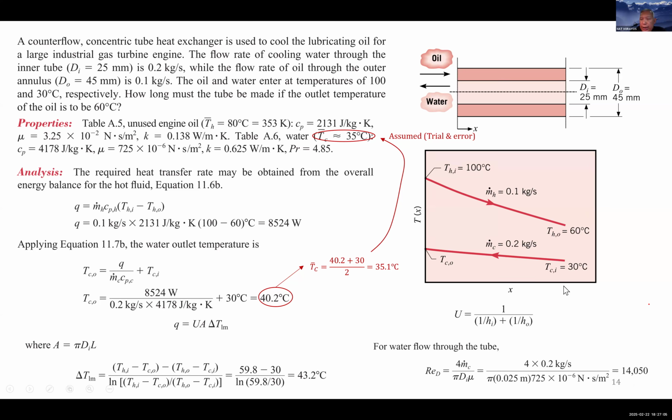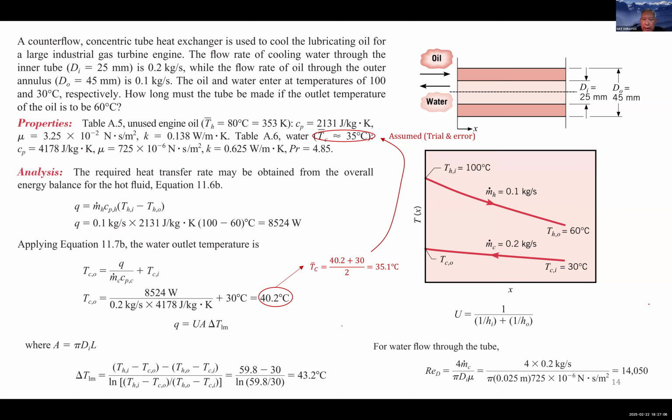Then, because I know that Reynolds number is equal to UM multiplied by D, right now D should be DI, over nu.